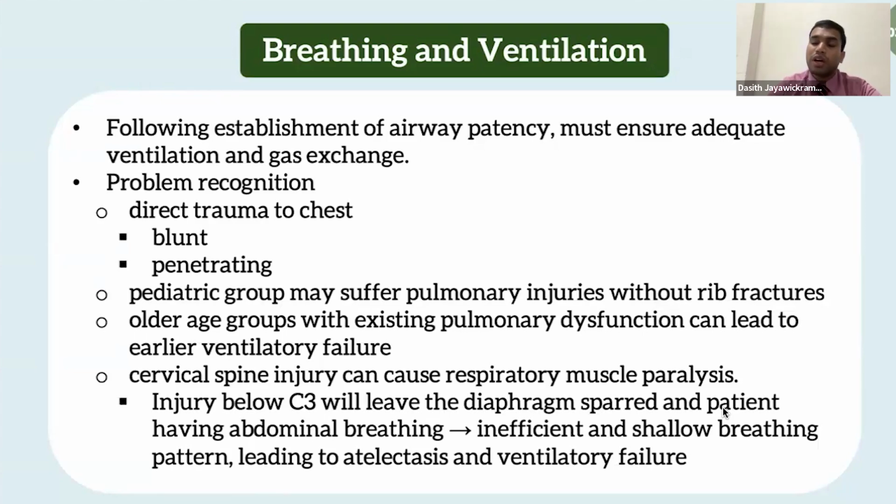So we need to identify problems earlier in these groups. And imagine a patient coming with cervical spine injury and respiratory muscle paralysis. Only the diaphragm is working and the patient is breathing through abdominal breathing. We need to look for and identify these.